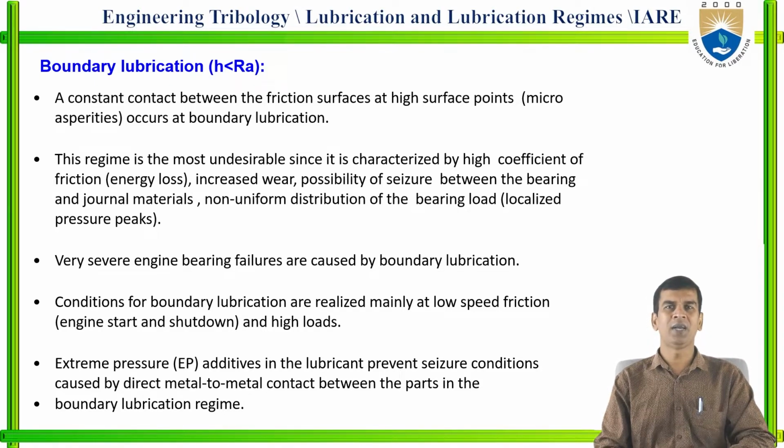If we add the additives to the lubricant, we can prevent the seizure conditions caused by direct metal to metal contact between the parts. Due to boundary lubrication, there is a chance of metal to metal contact and, as a result, seizing of the metal surfaces. That can be avoided by adding additives to the lubricant.